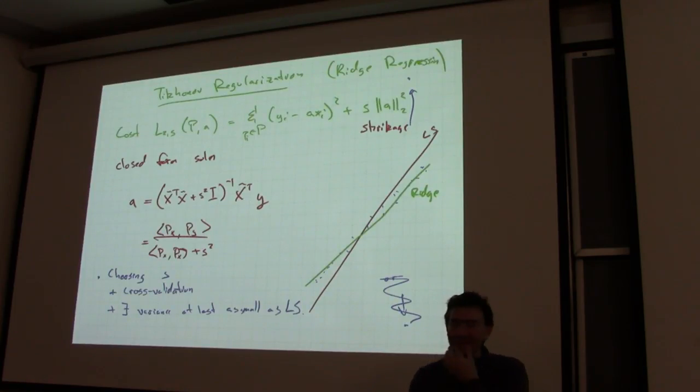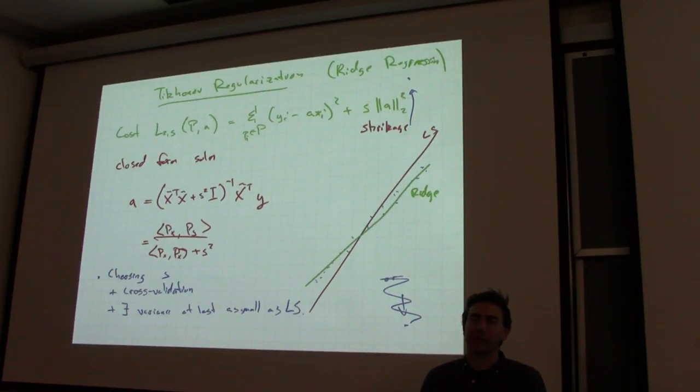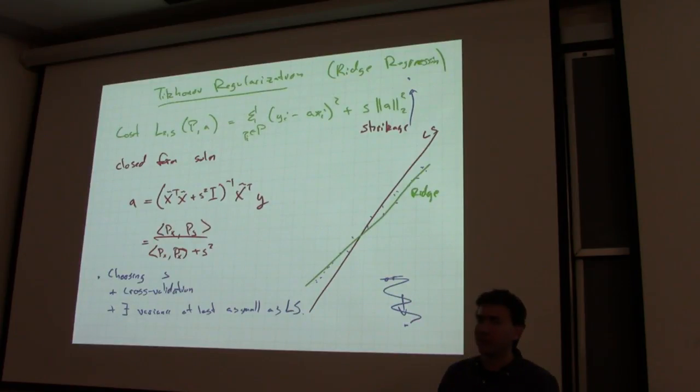So this is a cool thing about regularization that essentially breaks the optimality of the Gauss-Markov theorem. The proof is not too hard. I'm not going to do it.